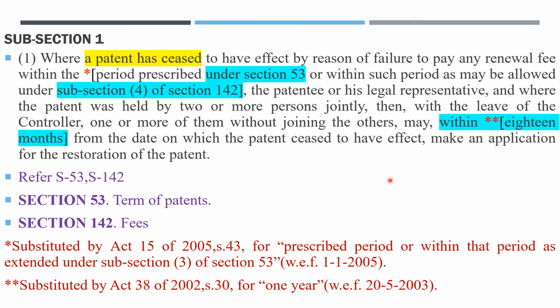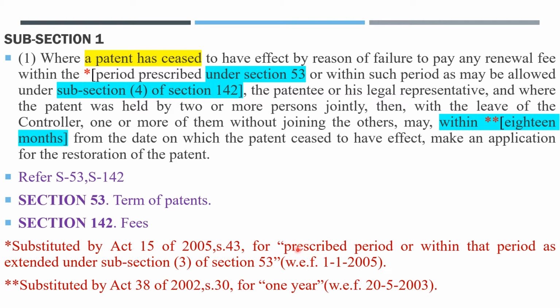Similarly, for the double star mark, see that this is substituted by Act 38 of 2002, Section 30, for 1 year, with effect from 20th May 2003. That means earlier the words inside the square bracket were prescribed period, I am talking about the single star mark.